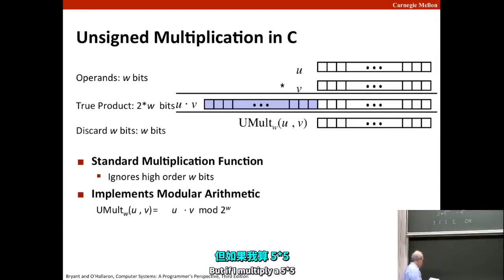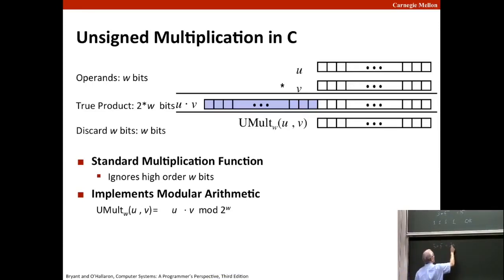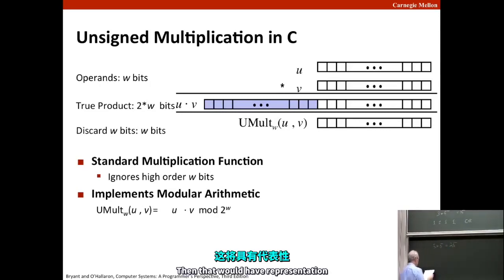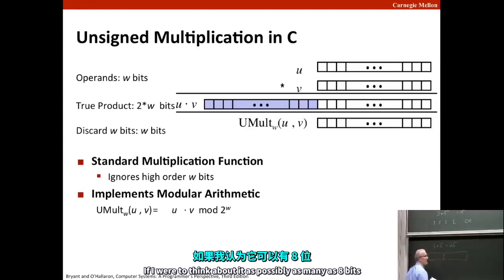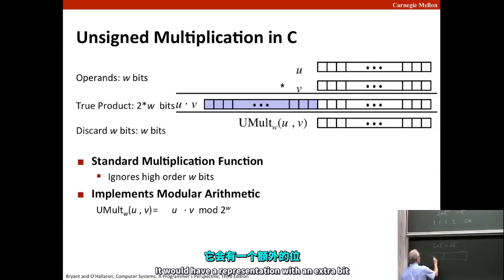But if I multiply 5 times 5, then that would have a representation, if I were to think about it as possibly as many as 8 bits, with an extra bit.